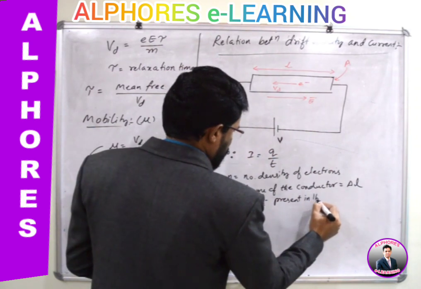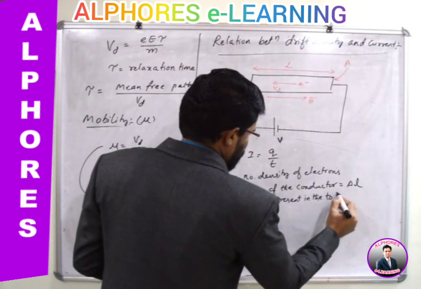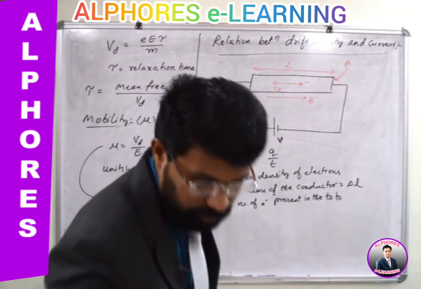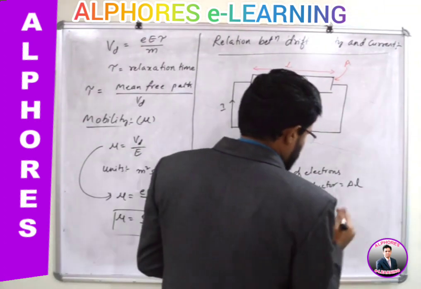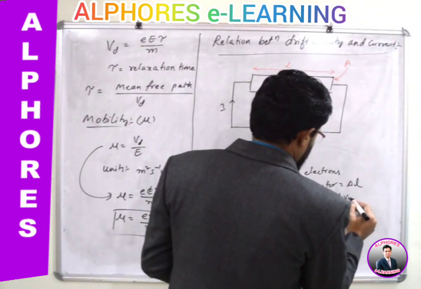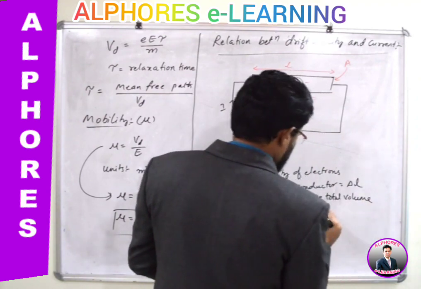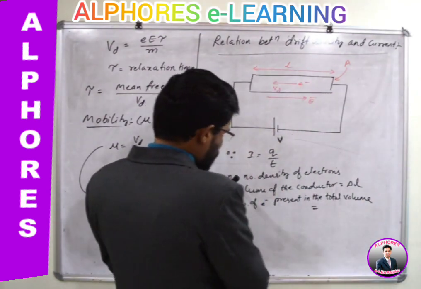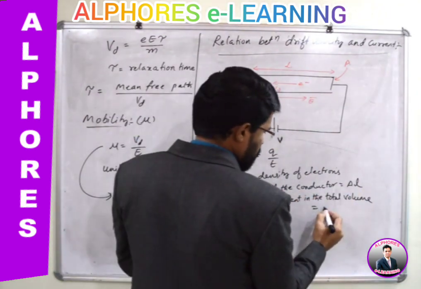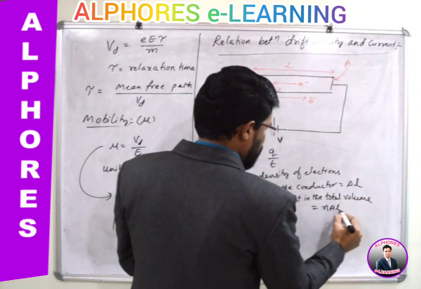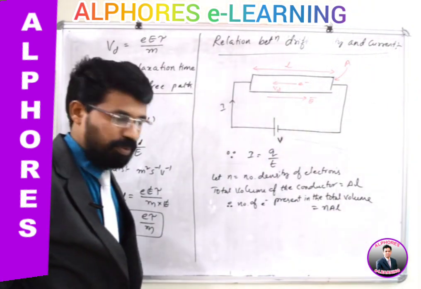So therefore, the number of electrons present in the total volume is equal to how much? Per unit volume, n number of electrons are there. For this total volume AL, nAL will be the number of electrons present.